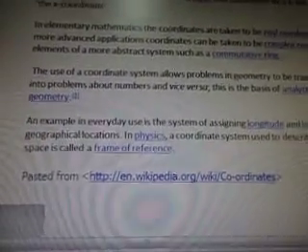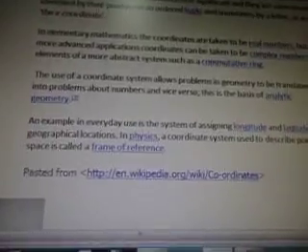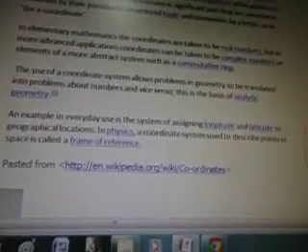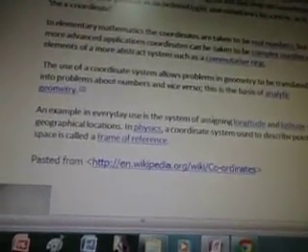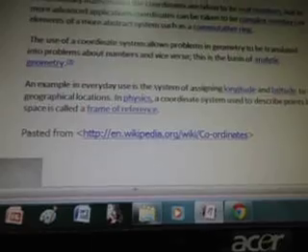The use of a coordinate system allows problems in geometry to be translated into problems about numbers and vice versa. This is the basis of analytic geometry. An example in everyday use is the system of assigning longitude and latitude to geographical locations. In physics, a coordinate system used to describe points in space is called a frame of reference.